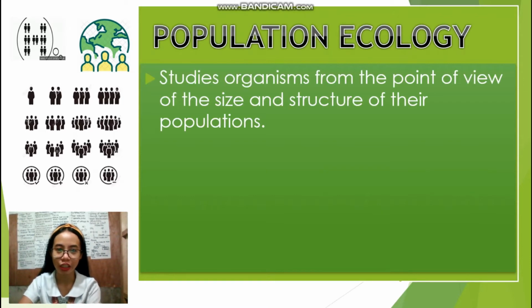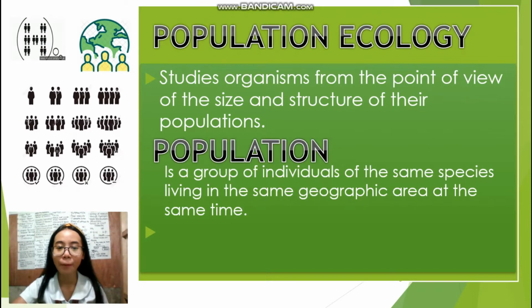Population ecology studies organisms from the point of view of the size and structure of their populations. A population is a group of individuals of the same species living in the same geographic area at the same time.